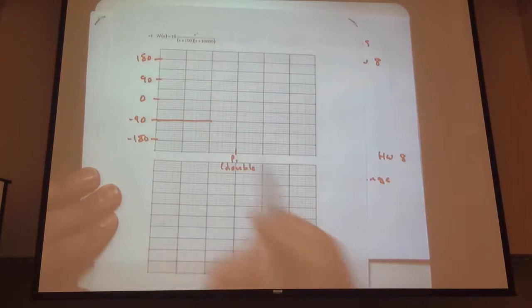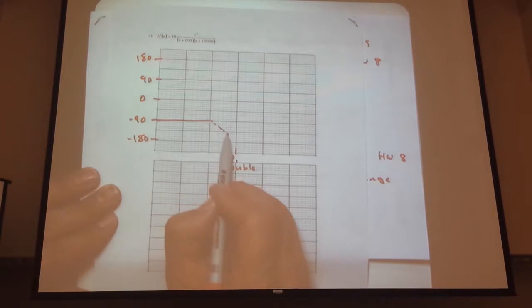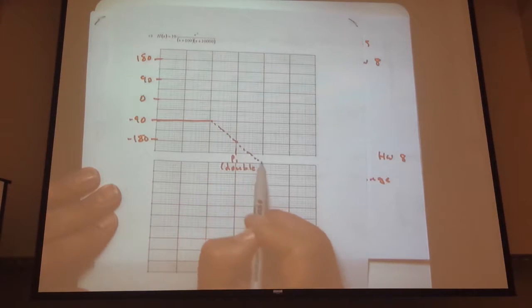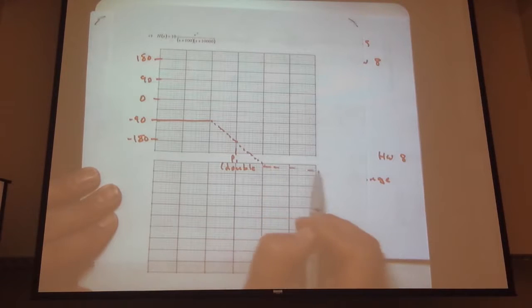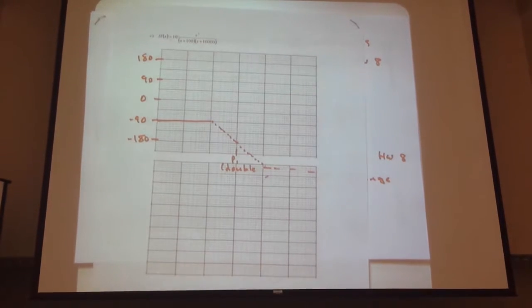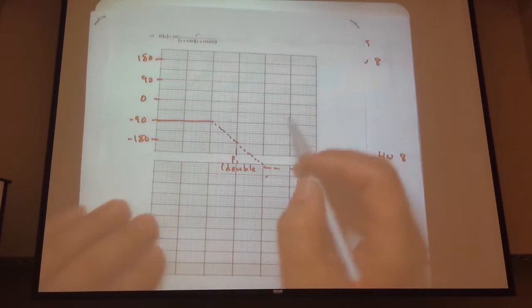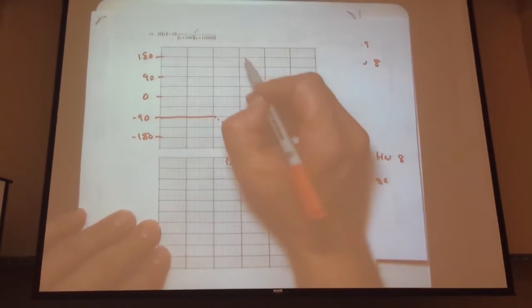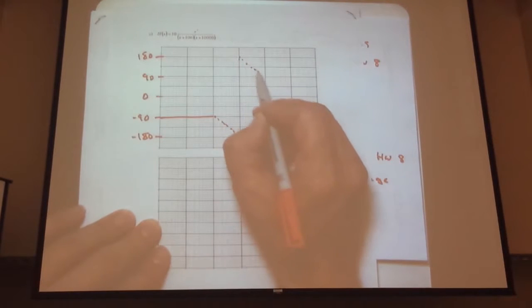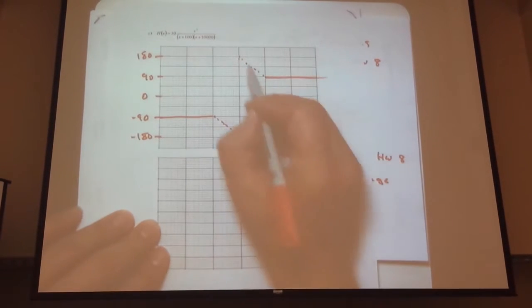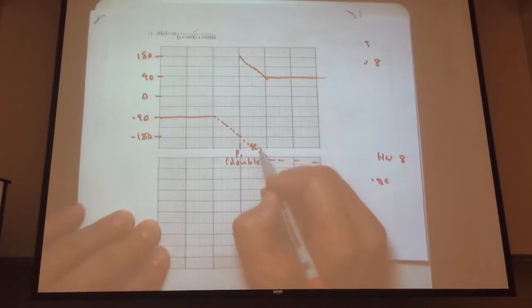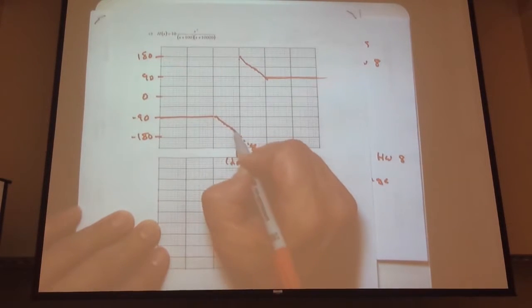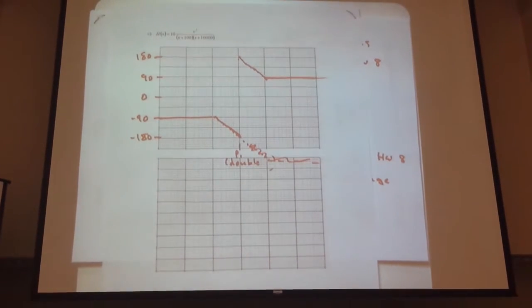If we cross a double pole, we're going to do something like this. But we typically don't draw that below minus 180. That would wrap around from the top, and it would be something like this, just to keep it on a full circle.